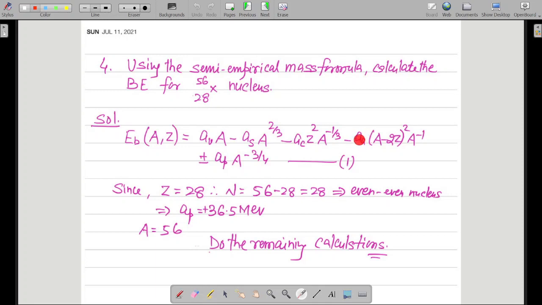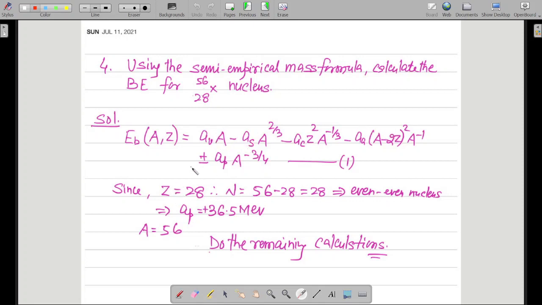Yes, asymmetry energy. So volume term, surface energy term, Coulombian term, asymmetry term, and pairing term. All these terms you must be knowing. You have already learned the semi-empirical mass formula in the previous lectures, so from there you got this particular formula.